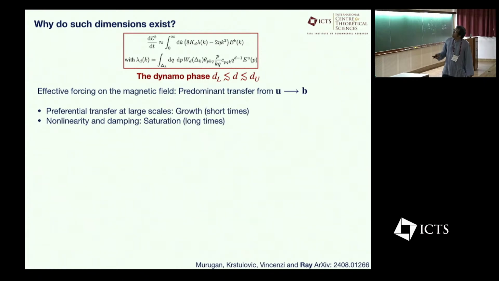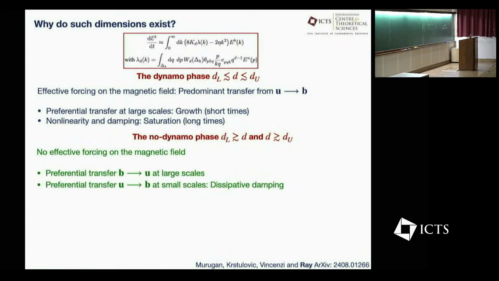And what you then find is that for the phase where you do have a dynamo, and you calculate these terms by hand to see what the net transfers are, the predominant transfer on average is always from U to B. All right, and so the fluid is actually driving the magnetic field. And you find that at short times you see a growth, whether it's exponential or not, we can discuss later. And at long times, nonlinearity and the damping saturate things.